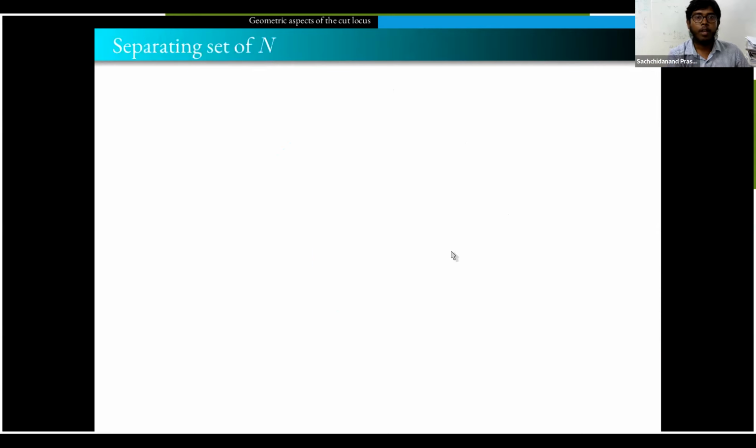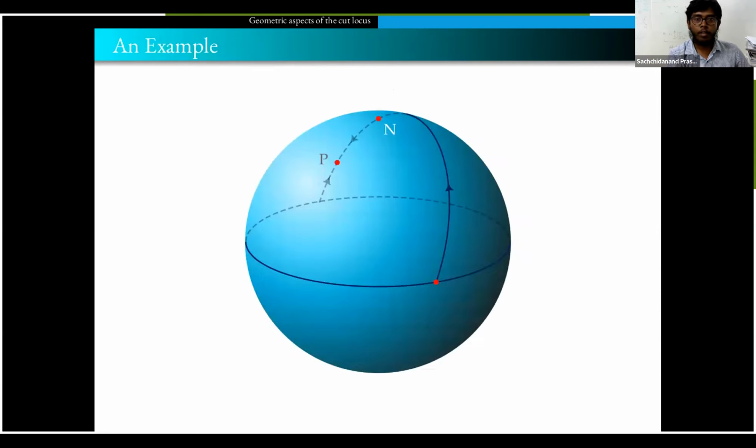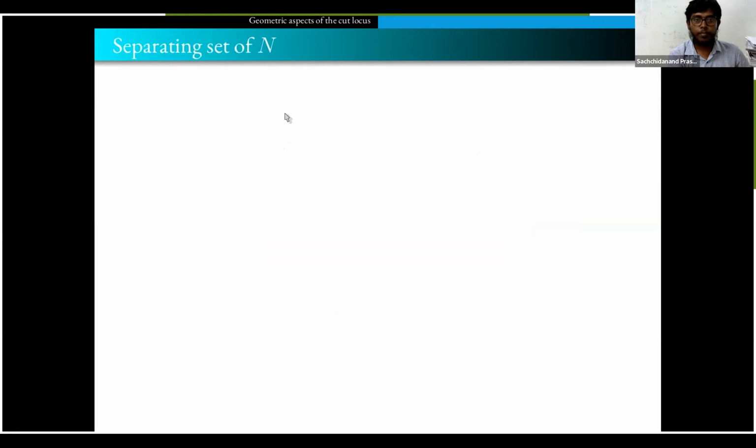Okay. So note that here the north pole is a cut point, and it can be joined by at least two minimal geodesics, namely from this side and from this side. And we call this type of point a separating set point.